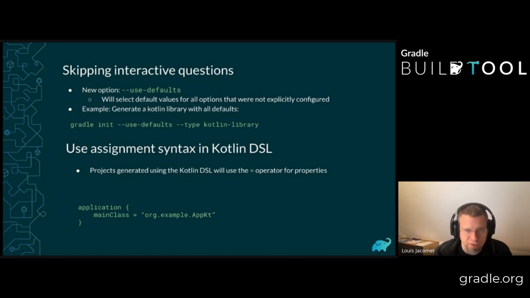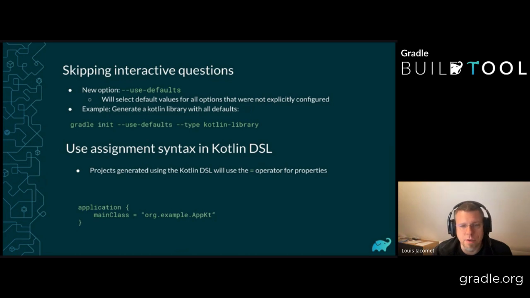And so an example of that is, let's say I want to generate a Kotlin library, but for the rest, I'm happy with the default, like default Kotlin DSL, default Java version, all of this information. I can just do gradle init --use-defaults --type kotlin-library, and I will have a fully non-interactive init generation.